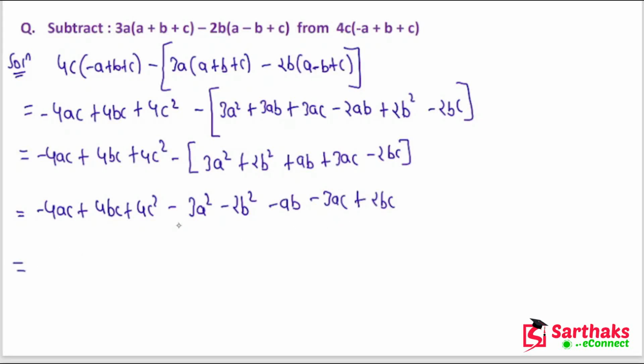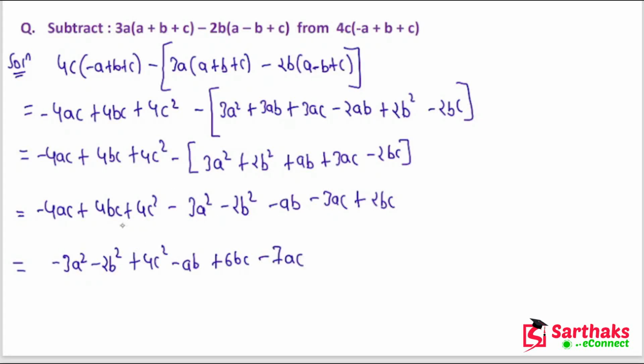So after calculating the like and unlike terms, we have minus 3a square as it is, minus 2b square as it is, plus 4c square, because they cannot be added or subtracted with any other term. Minus 4ac, let us find ab. We do not have ab, so minus ab would be alone. Plus 2bc and plus 4bc would be plus 6bc, right? Then minus 4ac and minus 3ac, so minus 7ac.